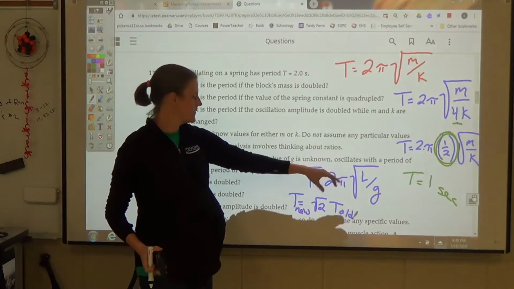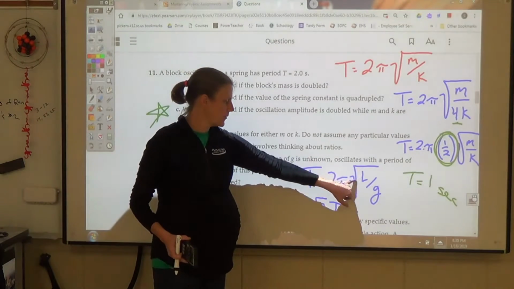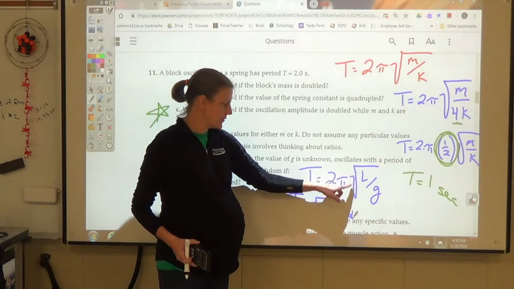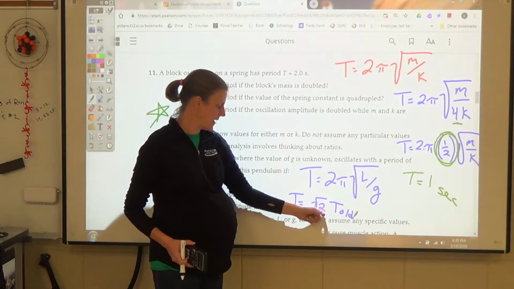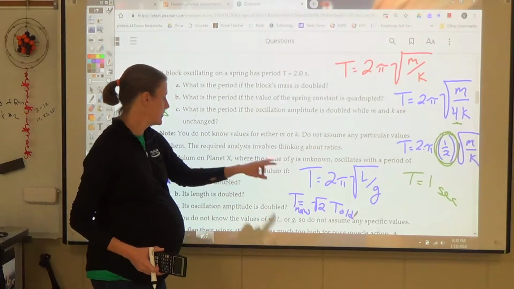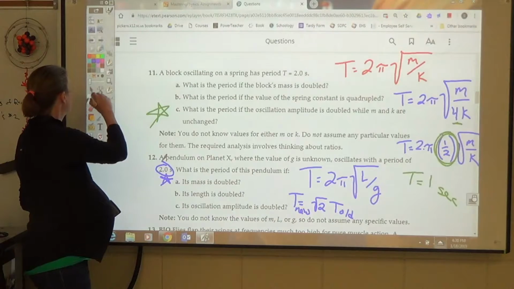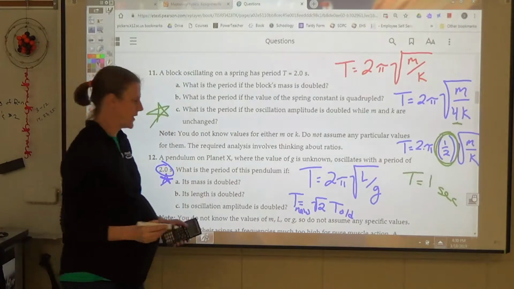So same math we just did. You're plugging in a 2 next to the L. You're doubling the L. That gives you an extra square root of 2 value. So square root of 2 times the period of 2. We just did that because that was 2.8 seconds.